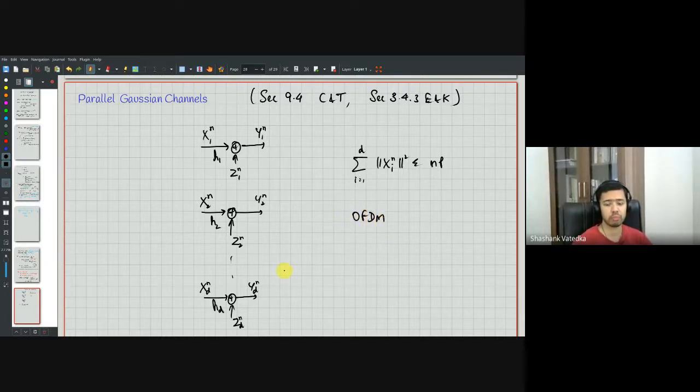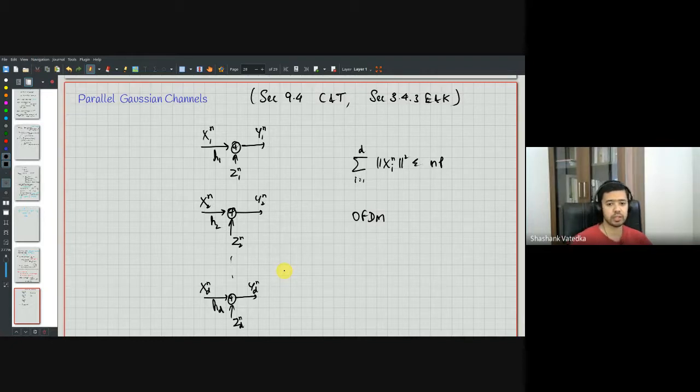You have multiple subcarriers over which you can transmit, and for each subcarrier you see an AWGN channel, but these are not identical AWGN channels. The capacities or the noise variances or the channel coefficients could be different across each of these channels.